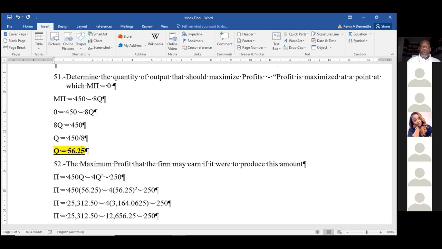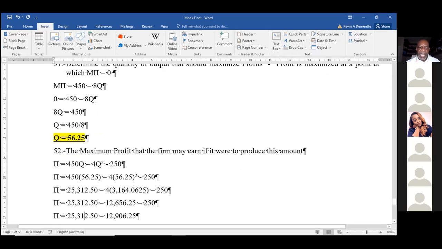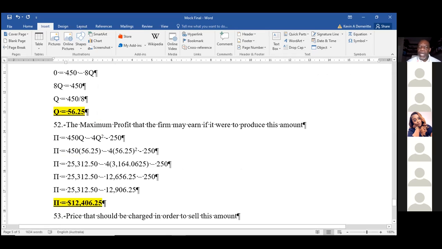Now that we know how much we need to produce to maximize our profits, they're asking us how much that profit would be if we actually produced that amount. So to find out, we take our profit function, and wherever we see Q, we plug in 56 1/4.